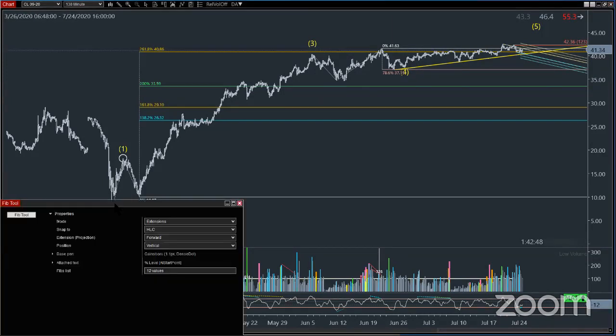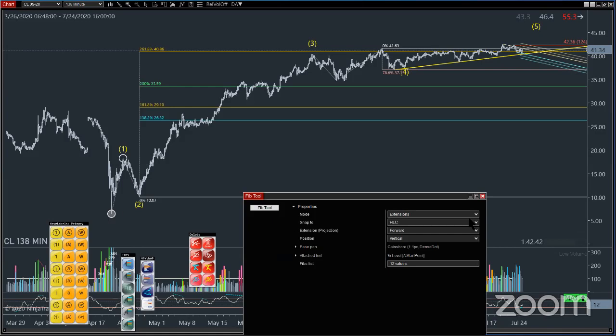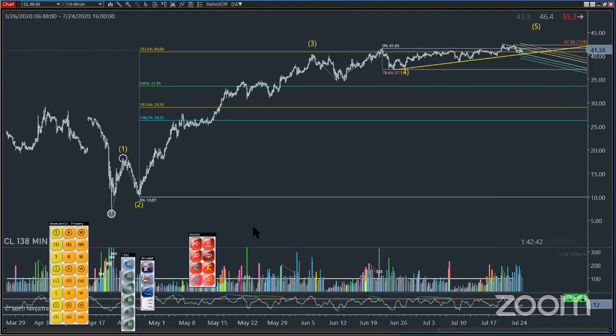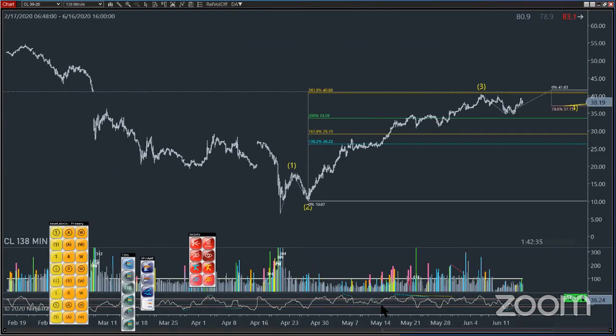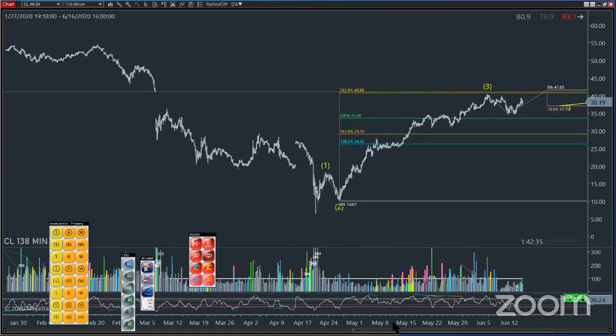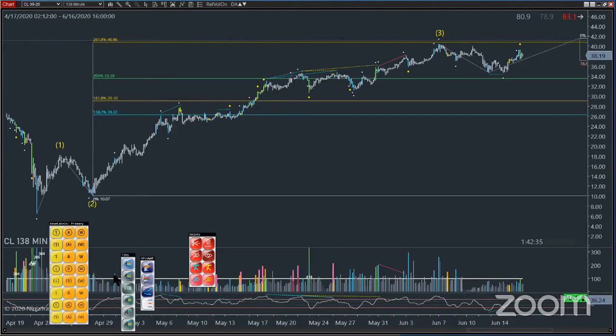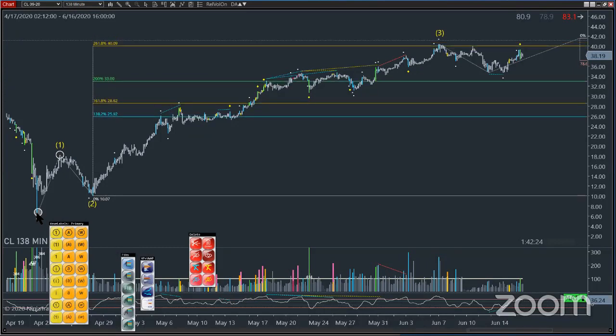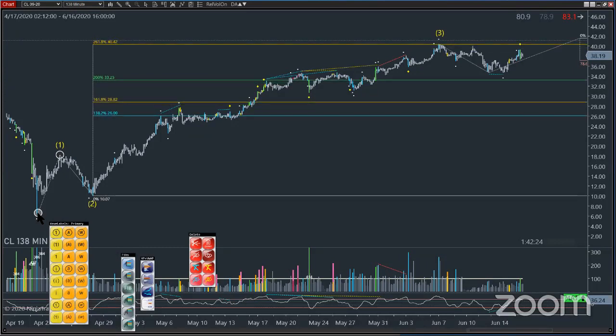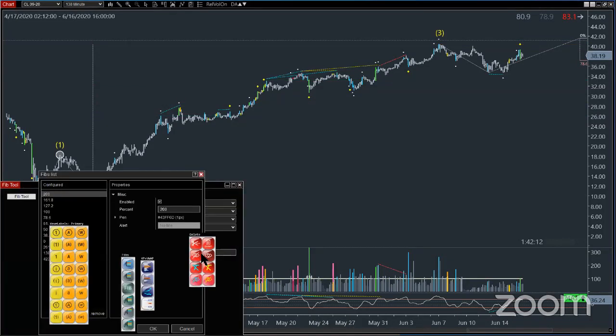What I want to do is, rather than use that extreme low, I want to fine tune it so that 261.8 lines up right at the end of that wave. Okay. Good. All right, now I'm going to project that forward, but I need the 100%.